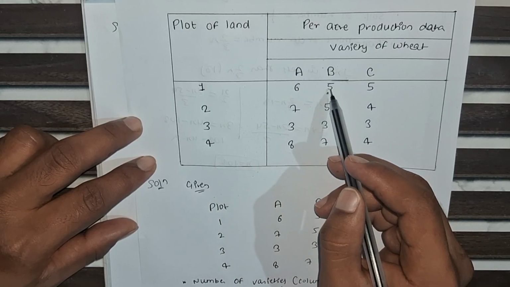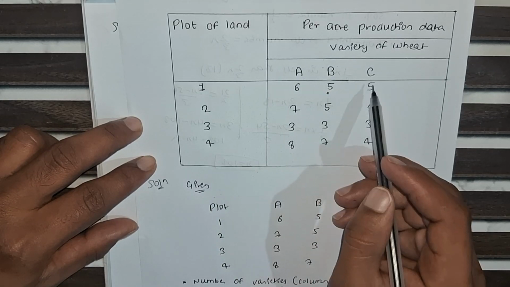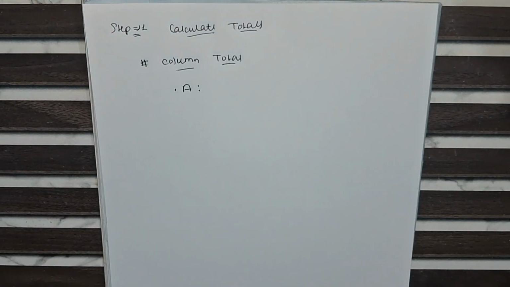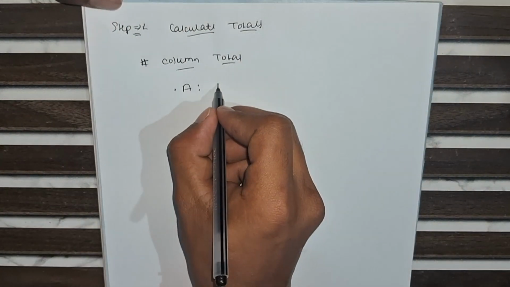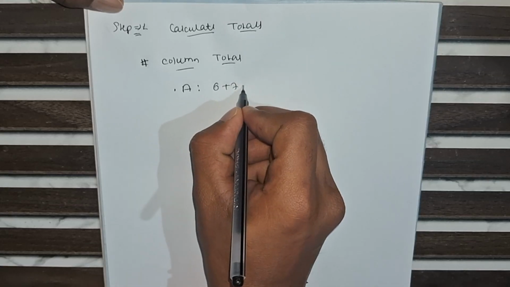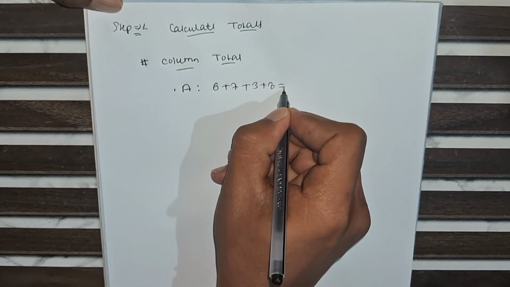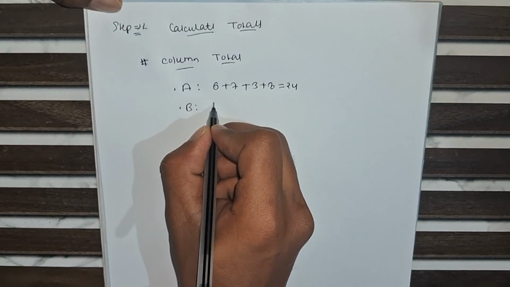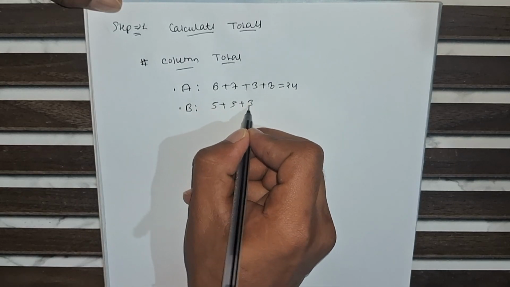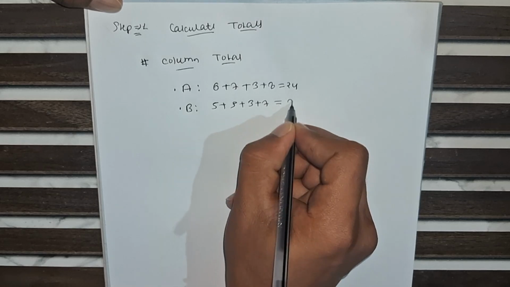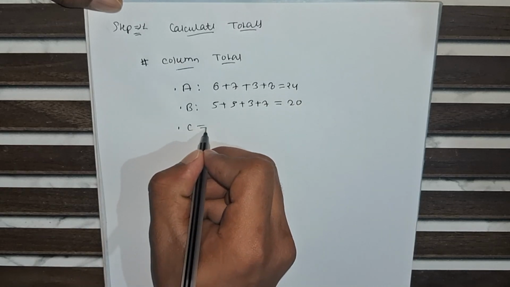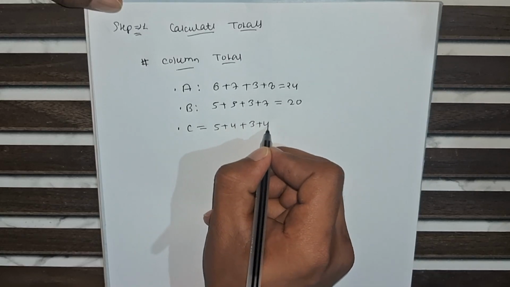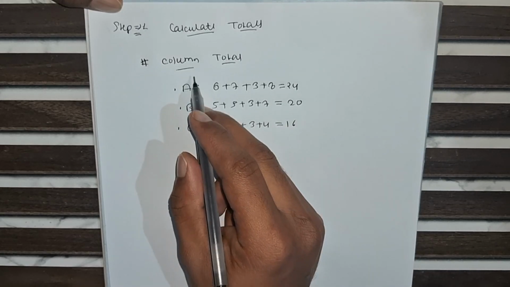Like that for B, 5 plus 5 plus 3 plus 7. For C, 5 plus 4 plus 3 plus 4. So for A, 6 plus 7 plus 3 plus 8 equals 24. For B, 5 plus 5 plus 3 plus 7 equals 20. And for C, 5 plus 4 plus 3 plus 4 equals 16. So these are the column totals.